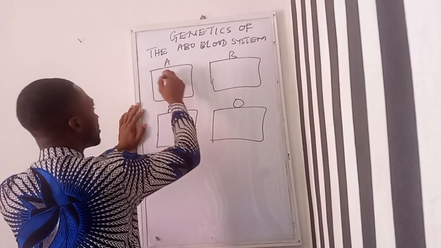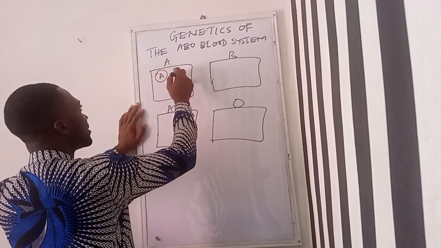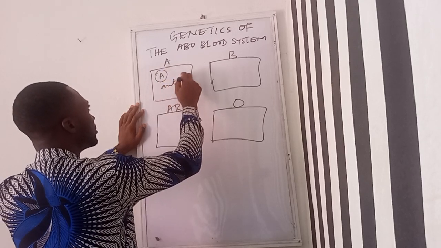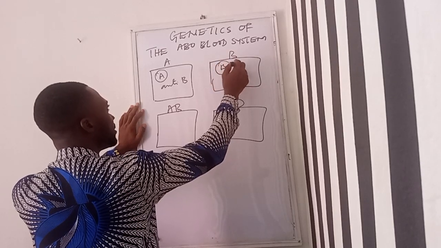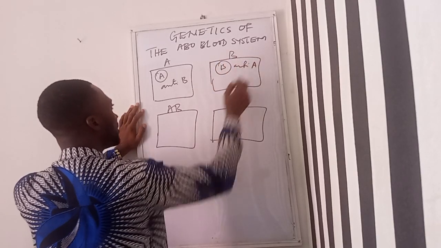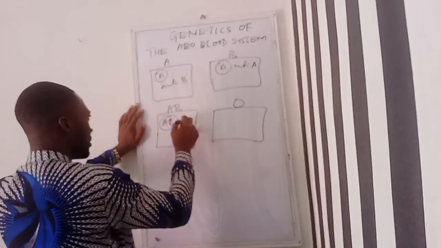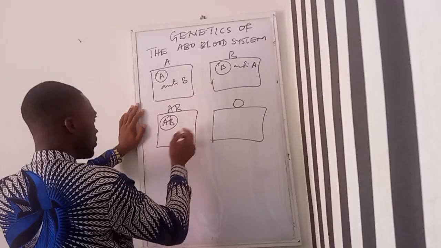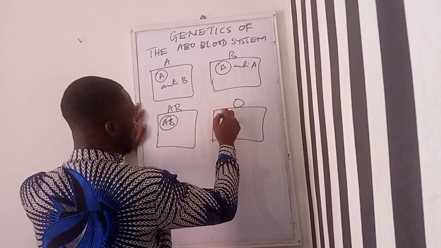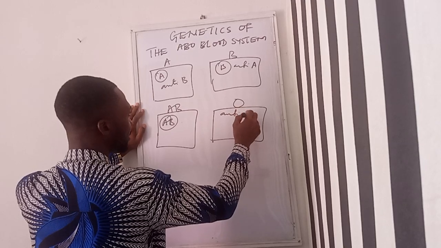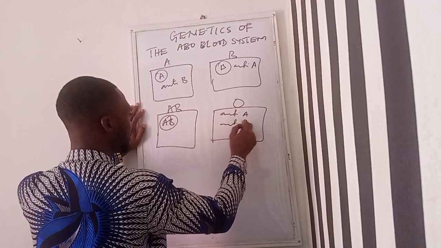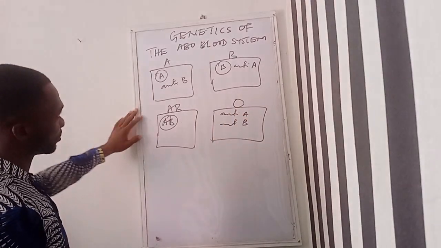Let me draw that again to explain this. So, this is antigen A, then antibody B. This is antigen B, then antibody A. This is antigen AB, then no antibody, then antibody A and antibody B, no antigen.